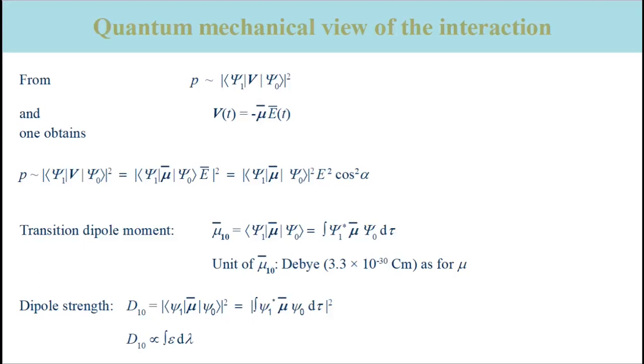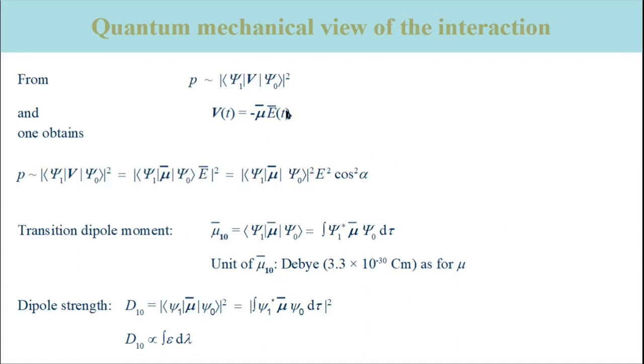Only if the perturbation deforms the initial state psi0 so that it somewhat resembles the final state psi1 will the scalar product psi1 v psi0 and the probability for the transition be different from 0.